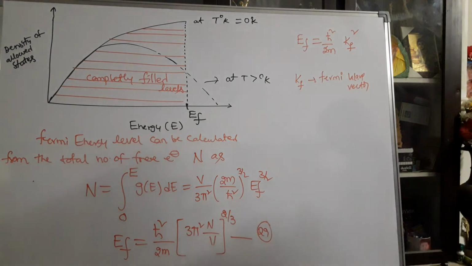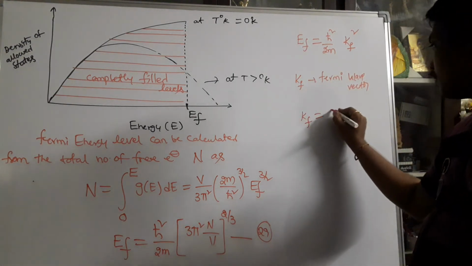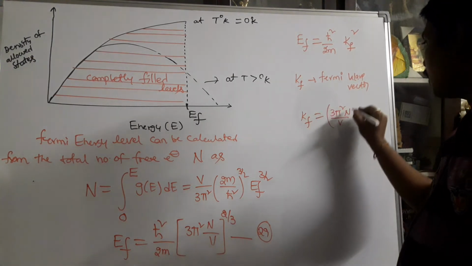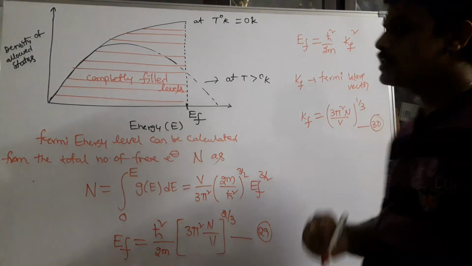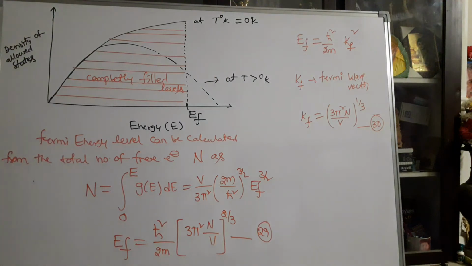From the equation, kf is equal to 3 pi square capital N by V whole power 1 by 3. This is equation number 30, that is called the Fermi wave vector.